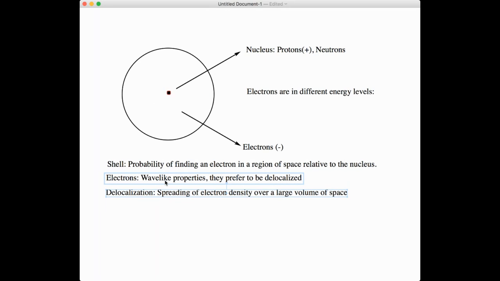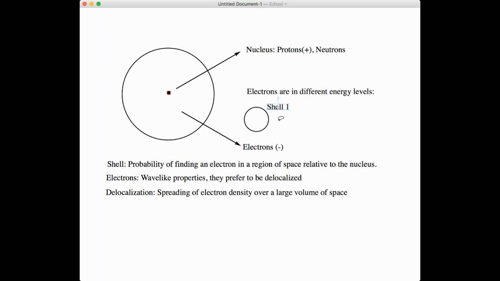And the third thing, which is very important, is the wave-like properties of electrons, meaning that they prefer to be delocalized. What I mean by that is if you have two electrons in the first shell, I don't want you guys to be thinking about one electron being here and one electron being there. Let's say I'm going to draw a shell here. This is shell number one, just as an example.